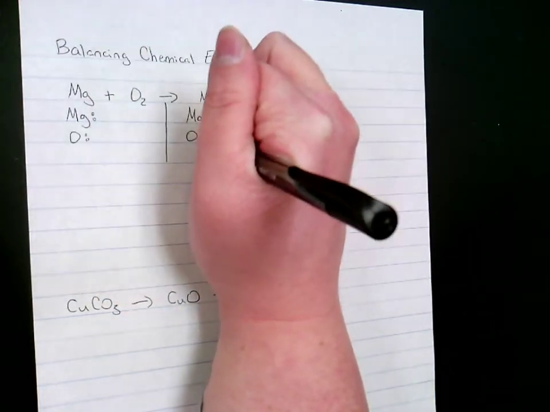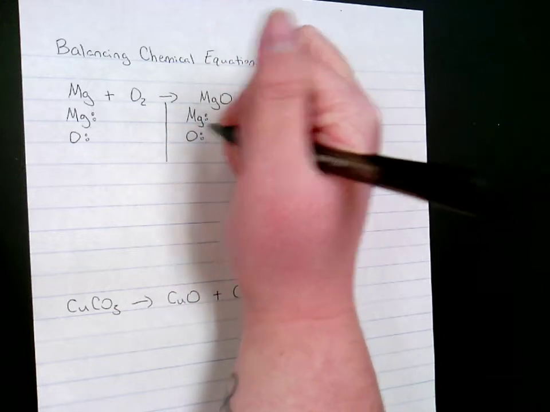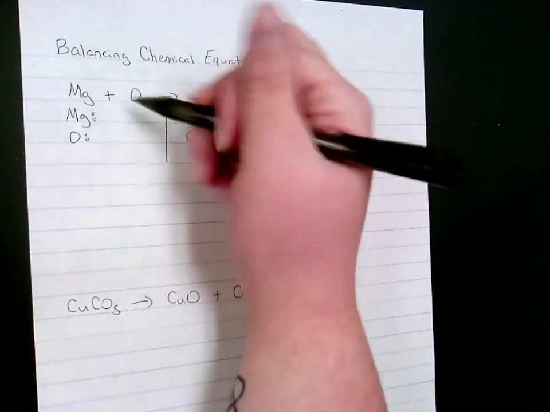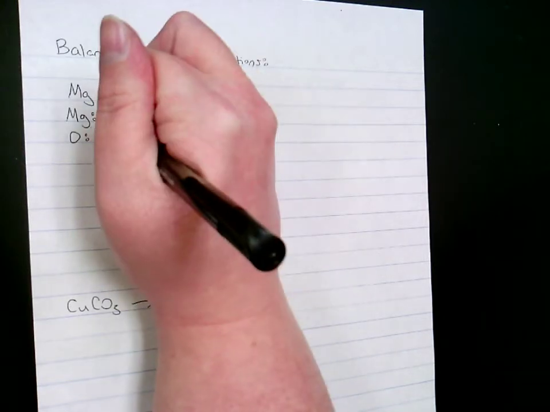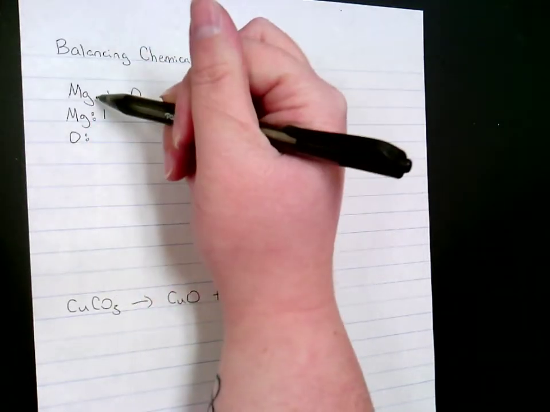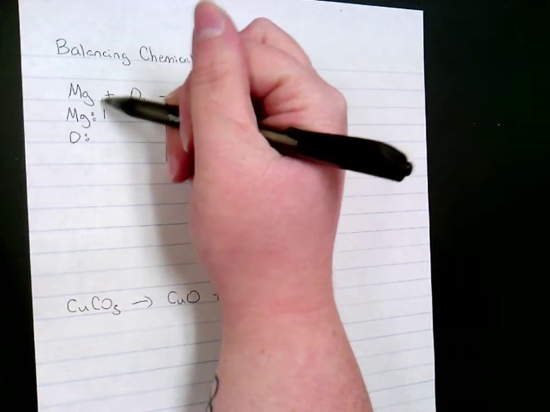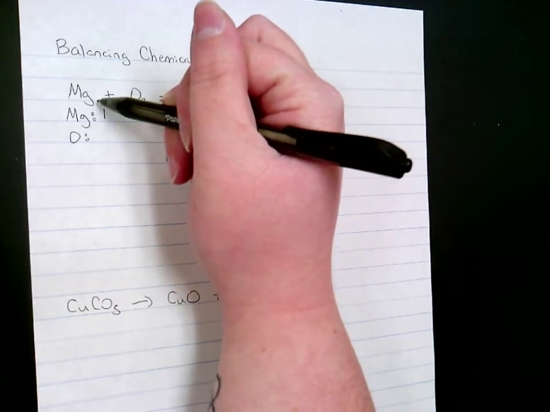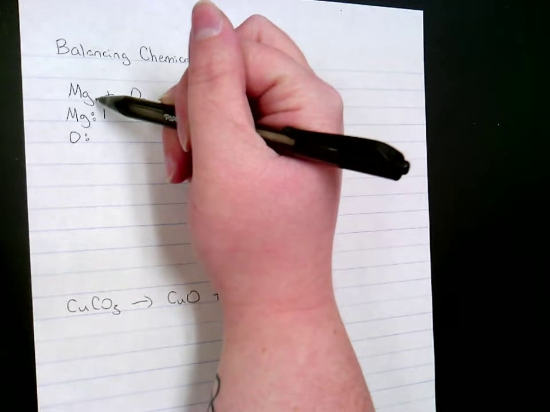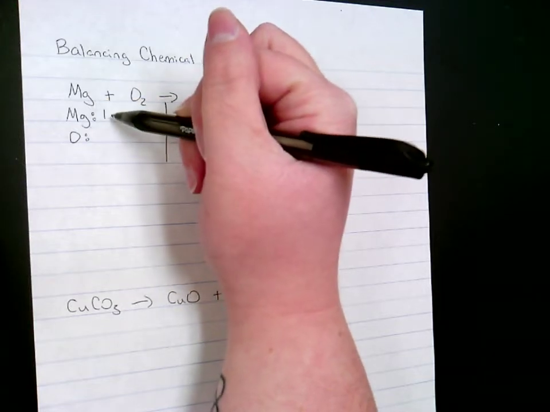Now I want to know exactly how many atoms of each of these elements that I have. On the reactant side, I have one magnesium atom. And I know that because I don't have a subscript written down next to magnesium. If I don't have a subscript written, then it is the implied subscript of 1.